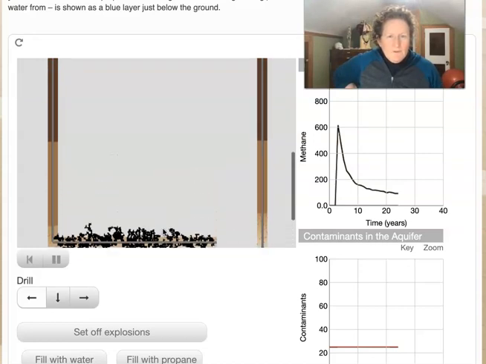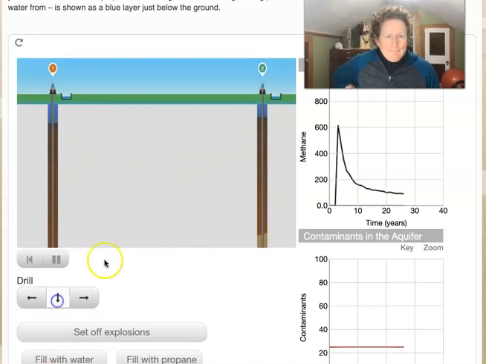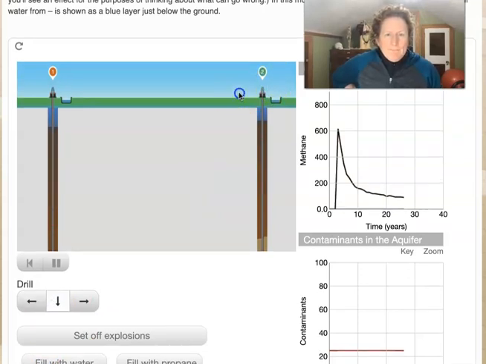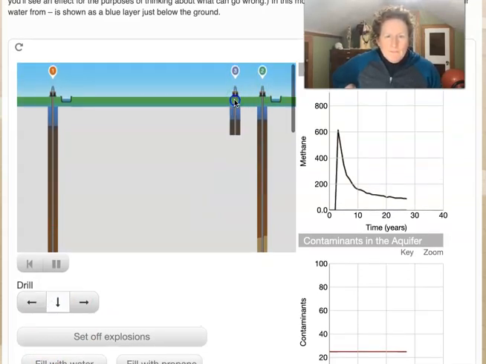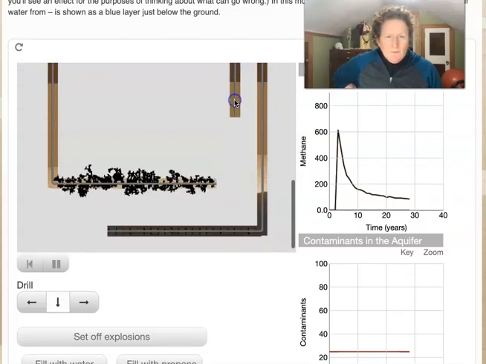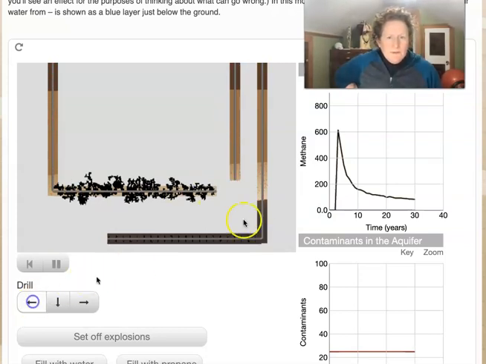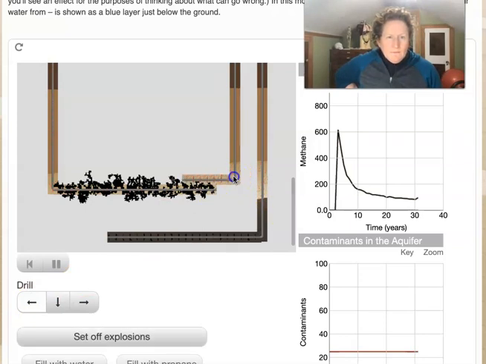Well, let's see if we can put a third well. See if we can be tricky here. The third well down next to this one. Hopefully we won't overrun the last one. We can go sideways now. We're going to overlap a little bit.